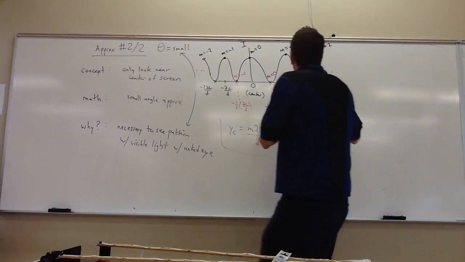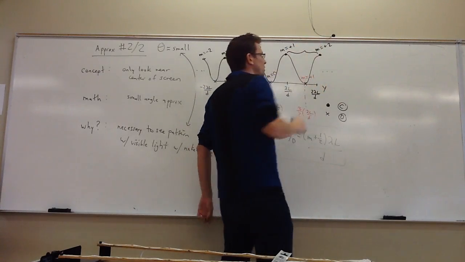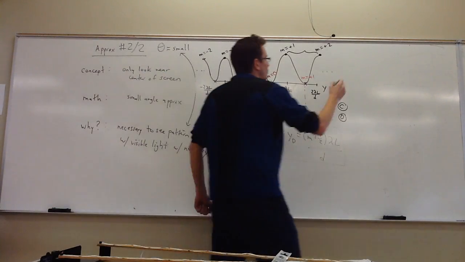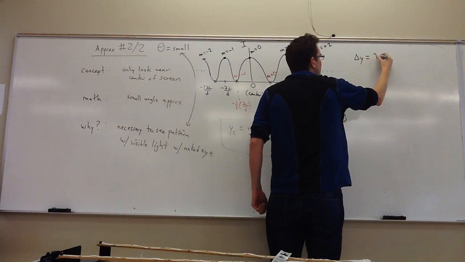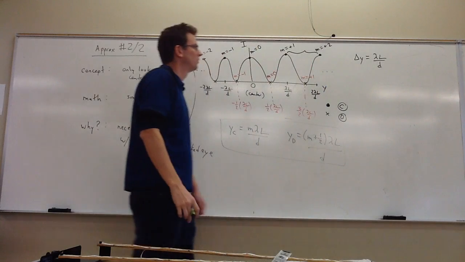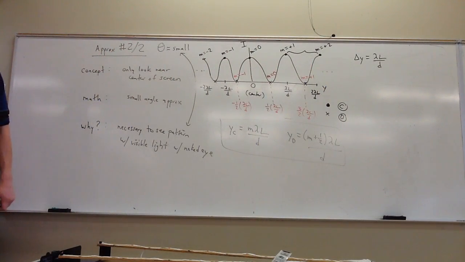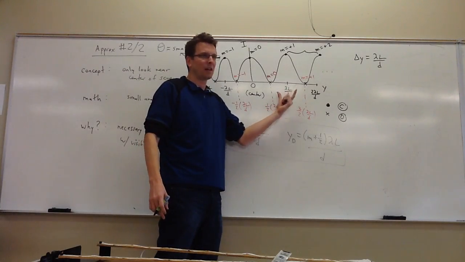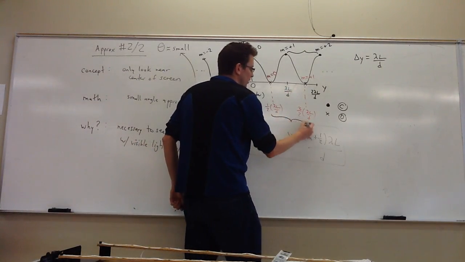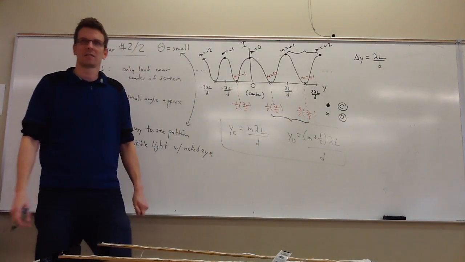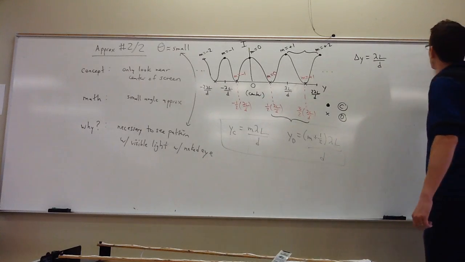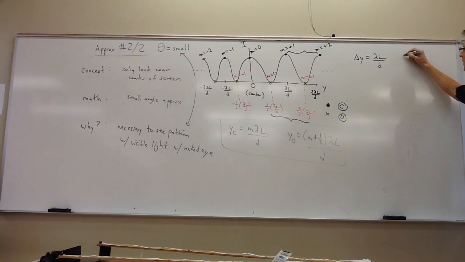If I talk about the distance between any two adjacent bright spots or constructive spots, which I'll call delta y, it is going to be lambda L over D. If I talk about the separation between any two adjacent dark spots, so say here to here, it's also that. It's very regular.